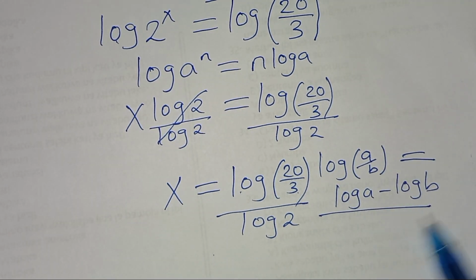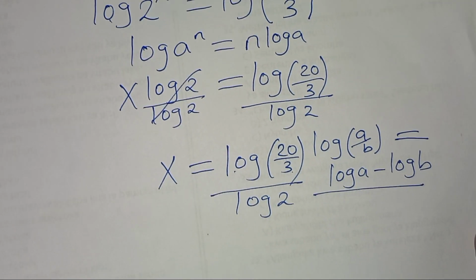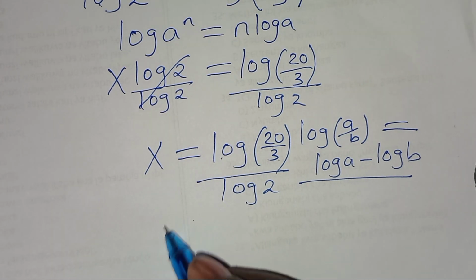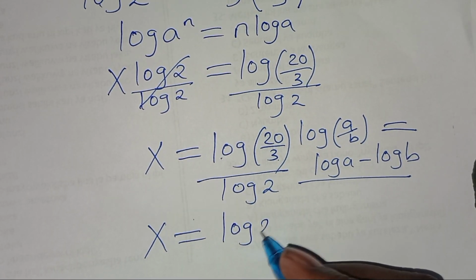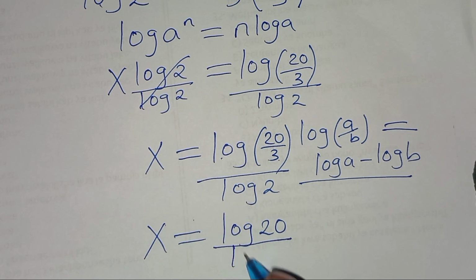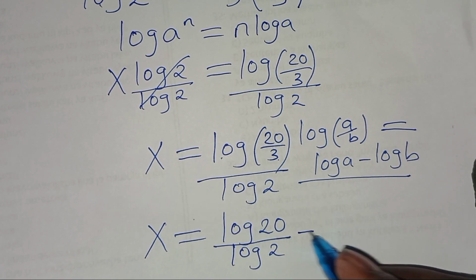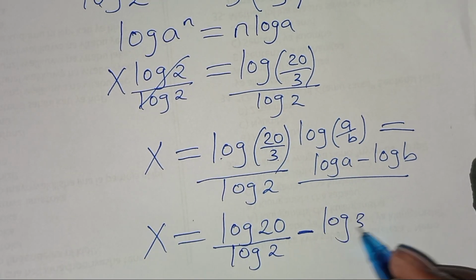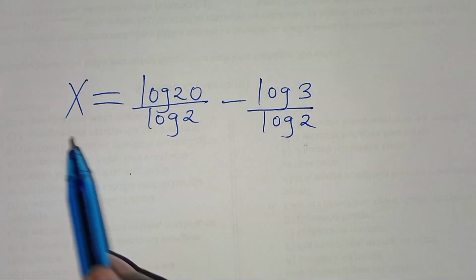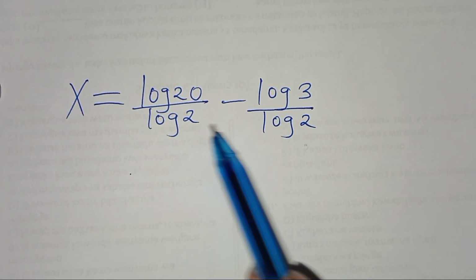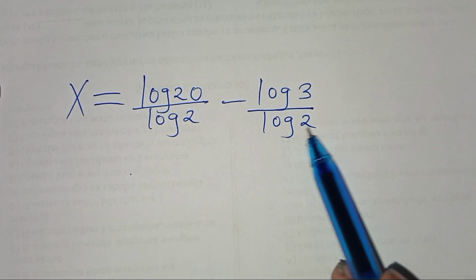Now applying this logarithm property, it follows that x here is equal to log 20 divided by log 2, subtract log 3 divided by log 2.